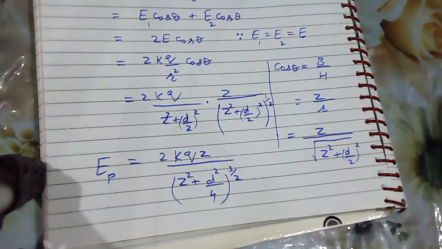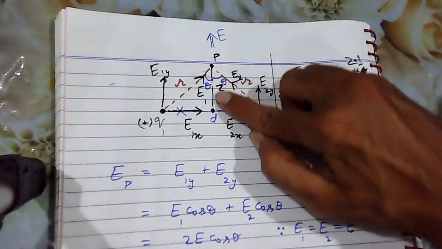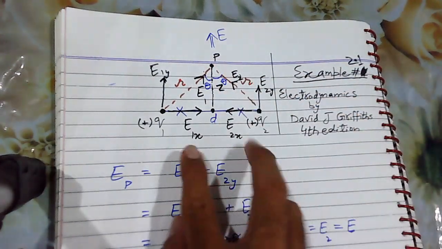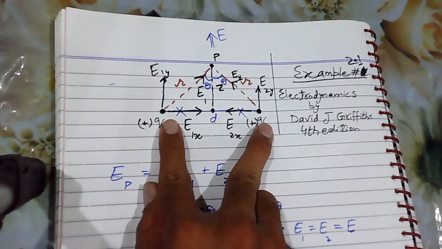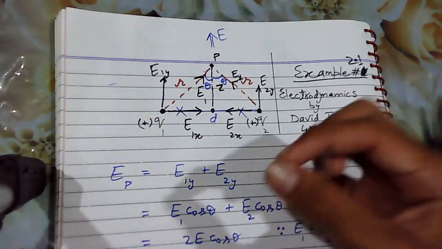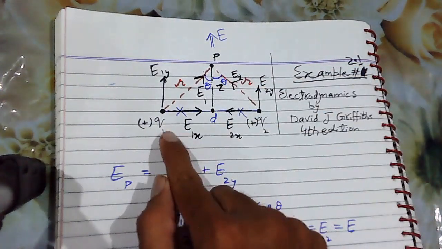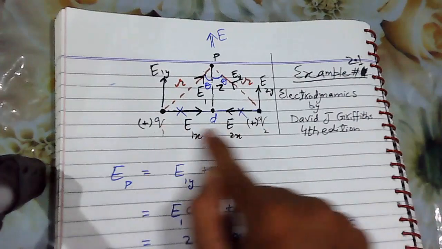Now let's discuss a special case. What would happen if this distance z becomes very much greater than this distance d?